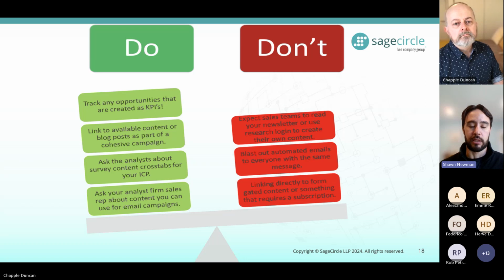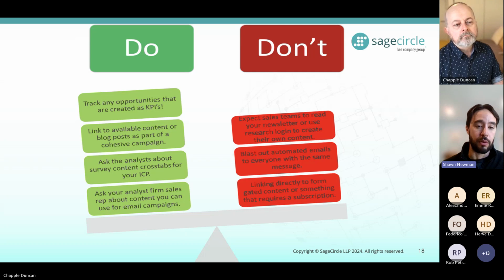You obviously want to track everything that you're doing as KPIs, so you can point to specific deals that have closed because of analyst generated content. You definitely want to make sure that you're not just lobbing it out there and hoping something sticks and not measuring it. I can't stress how important that is.